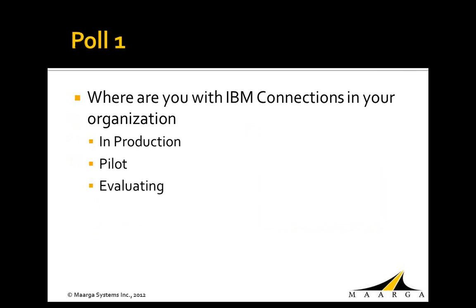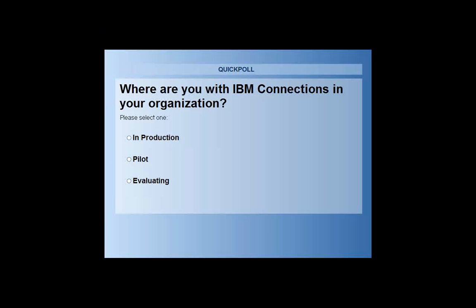So before we start, here is the first poll, just to get an understanding of where you are with your IBM Connections in your organization. Scott, can you run the first poll, please? Okay, here comes the first poll. Give us about 30 seconds for everyone to respond to this poll. And just a reminder, we are recording this so that you can share the presentation with coworkers, and this poll will show up and you'll be able to share it with them as well.